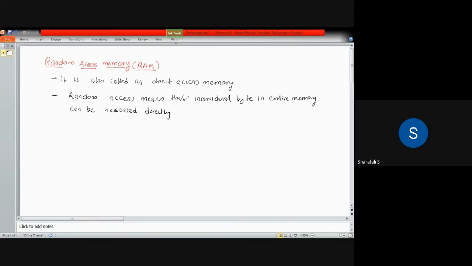That's why it is also called direct access memory, because each and individual byte of that entire memory can be directly accessed in this RAM.